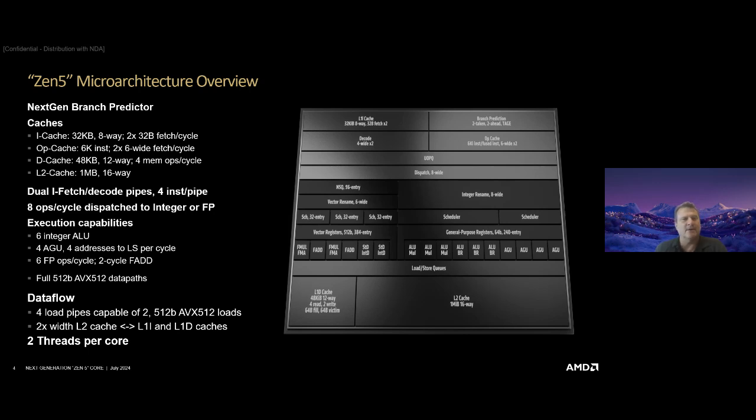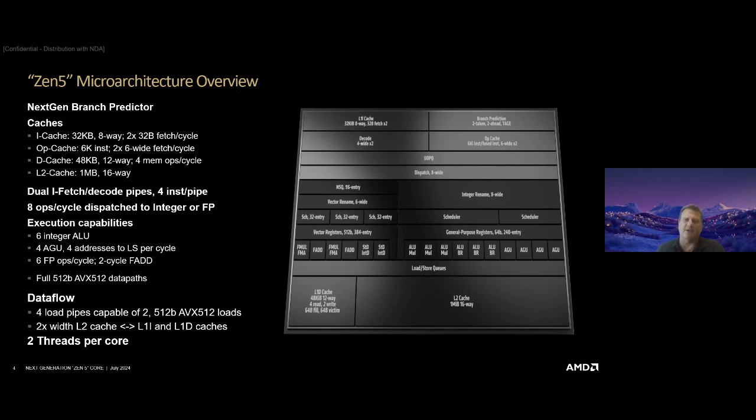Our data cache, we grew to 48K 12-way. Our L2 cache was 1 meg, but we grew its associativity to 16-way. As I mentioned, we have the dual fetch and decode pipes, which we'll get to in detail. 8 ops per cycle.